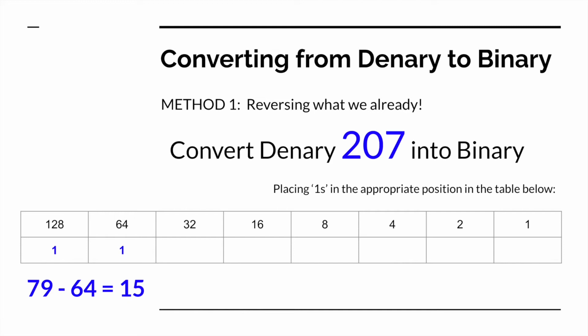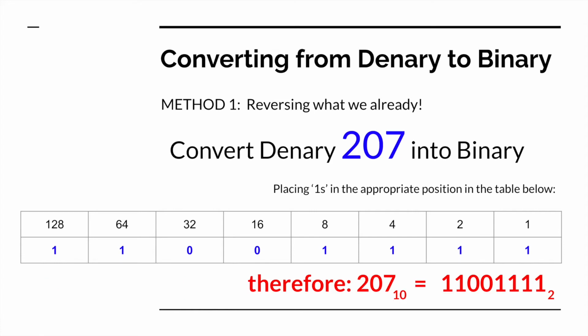Now 32 doesn't go into 15, so we'd put a 0 in that column. 16 again doesn't go into 15, so we would put a 0 in that column. Okay, but then we've got 15 left over. Now 15 is basically 8 plus 4 plus 2 plus 1, so we would put ones in all of these columns.